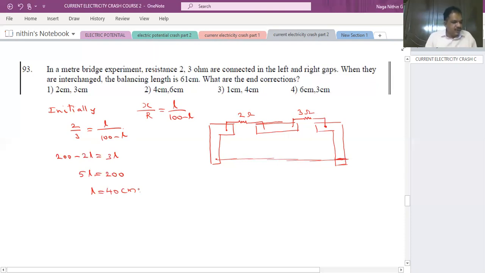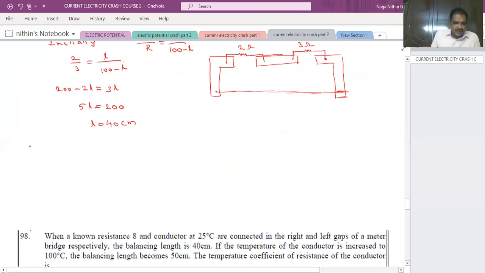Later, what they did, I am assuming alpha, beta are the end corrections. Alpha and beta are end corrections. So we can write it as 40 plus alpha by 60 plus beta. Another balancing length will be, this is equal to 2 by 3.